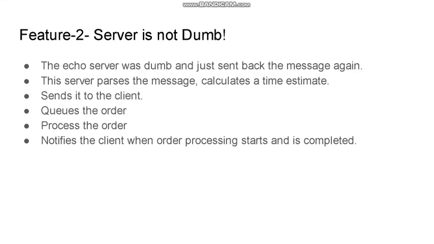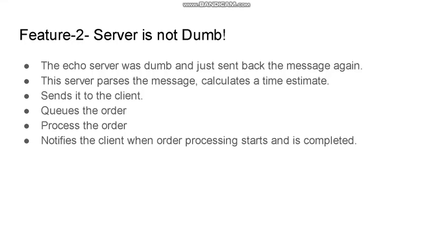Now feature 2 is that the server is not dumb. In the first application, the echo server was dumb. It just sent back the messages that it received from the client. Now in this case, the server actually parses the messages that are received from the client. It understands the order of the client and then calculates an estimated time to complete that order.